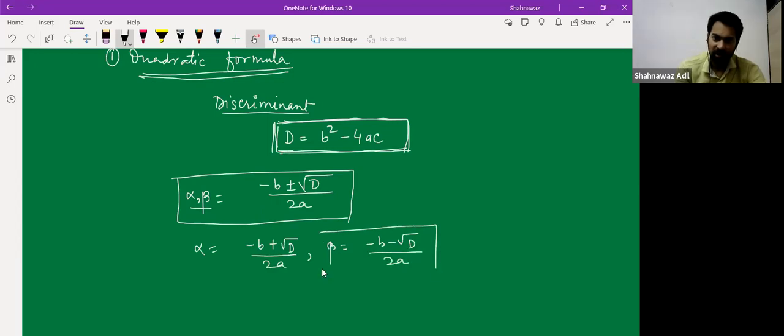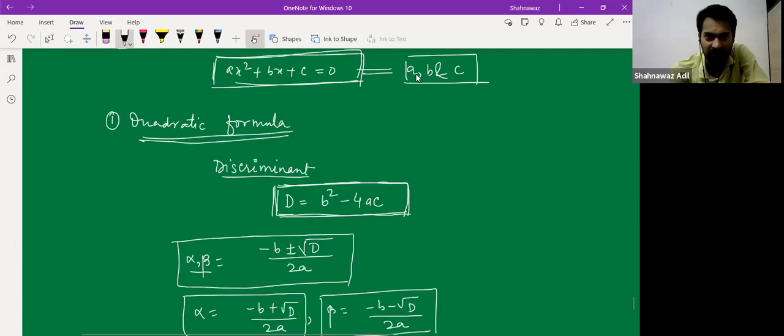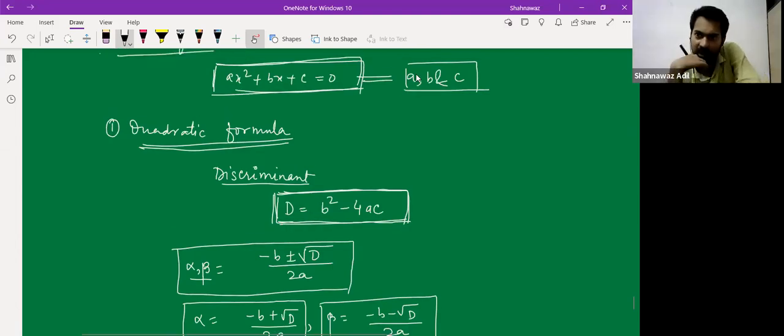Okay. So Madhya, any question in this part? This is called the quadratic formula. Hamad, do you have any question? So we know the general form of the quadratic equation. We calculate A, B, and C, and then we calculate the discriminant, which is B square minus 4AC.